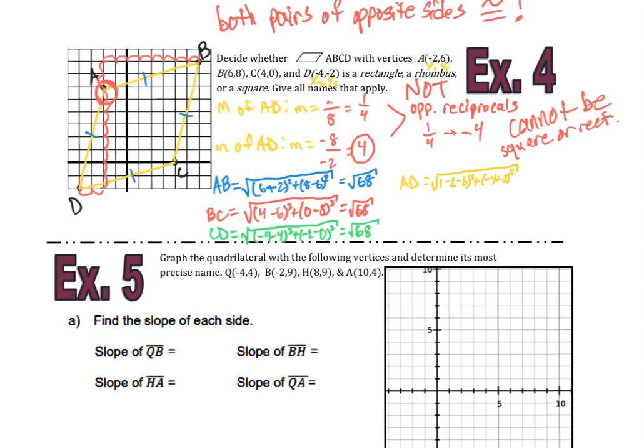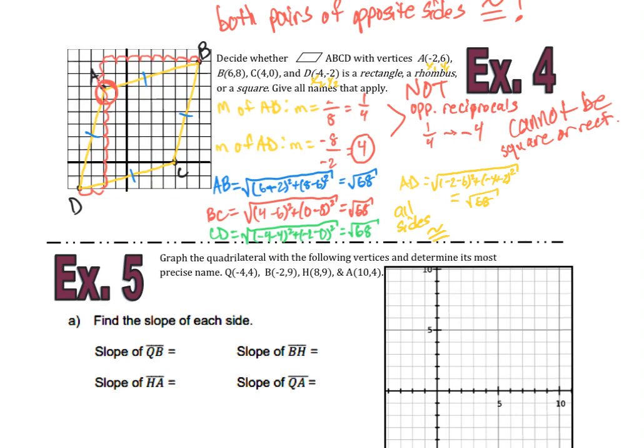This double negative turns into a plus sign there, and guess what? That equals the square root of 68. So you say, yes, all sides are congruent. Therefore, if this is a parallelogram with all congruent sides, that is the definition of a rhombus.